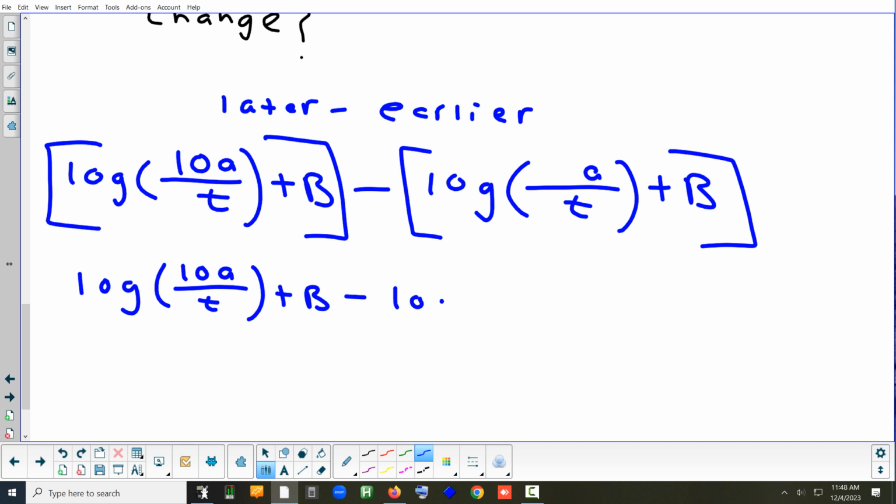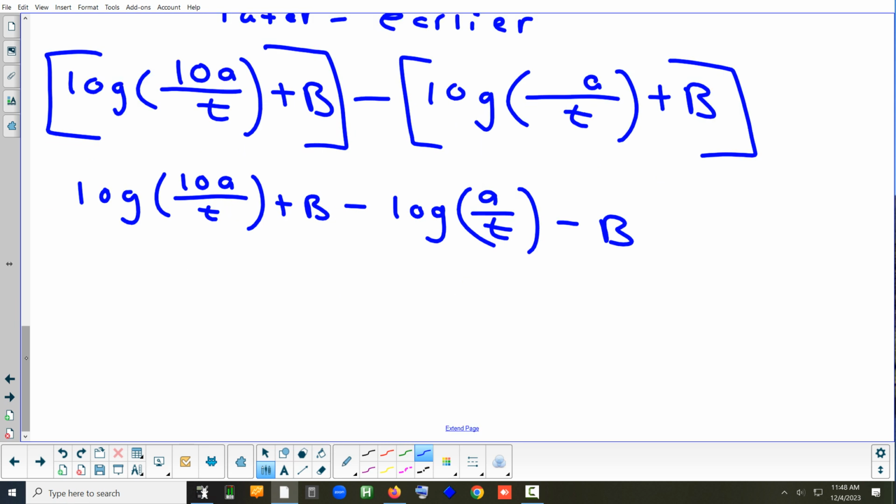So now minus log A over T minus B. Okay, what happens now? Quick question, doesn't the negative log make it imaginary? No, it's outside. It's not inside the argument. Yeah. Combine like terms.